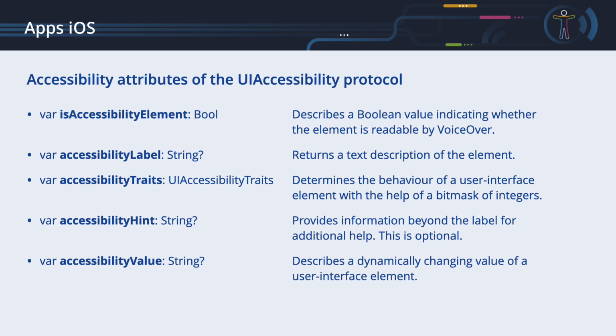The accessibilityLabel attribute returns a text description of the element. The accessibilityTraits attribute determines the behavior of a user interface element with the help of a bit mask of integers. The accessibilityHint attribute provides information beyond the label for additional help, although this is optional. The accessibilityValue attribute describes a dynamically changing value of a user interface element.